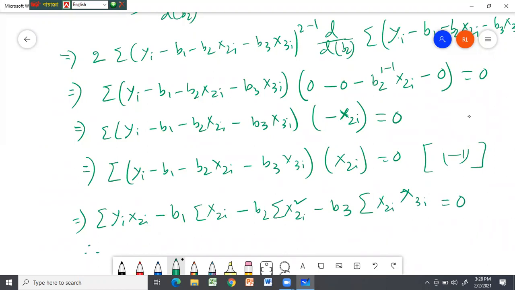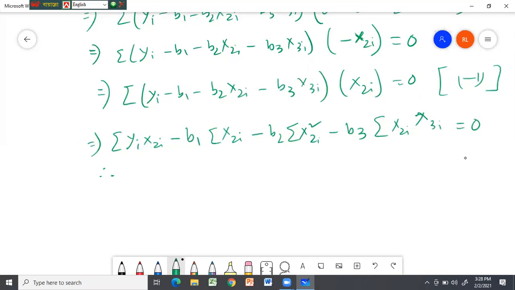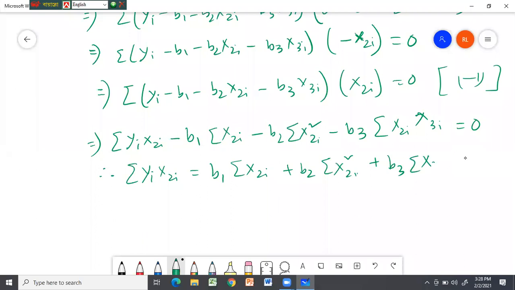So you have sum of yi x2i is equal to b1 sum of x2i plus b2 sum of x2i whole square plus b3 sum of x2i into x3i. This is your equation number 2.